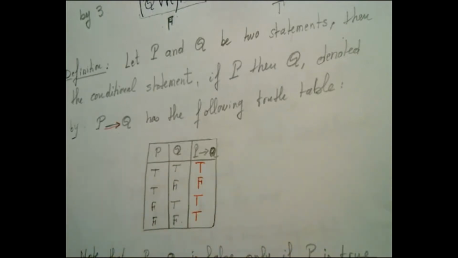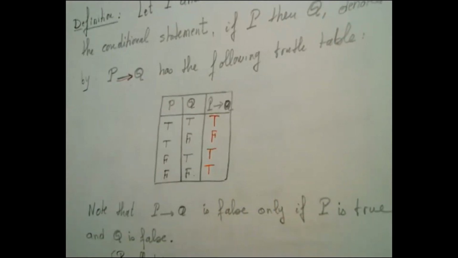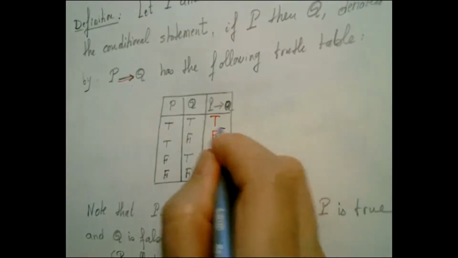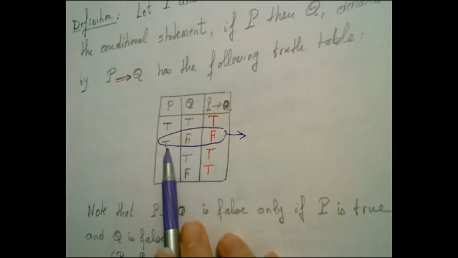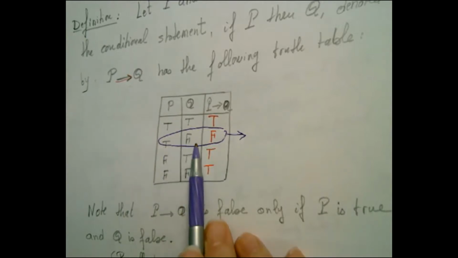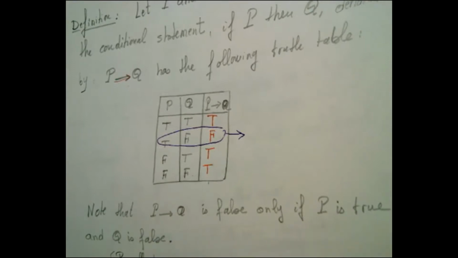So that's the truth table of if P then Q, and the motivation is exactly the one I tried to give you. Notice that if P then Q is false only in one scenario: if P is true and Q is false. Everywhere else is actually a true statement.